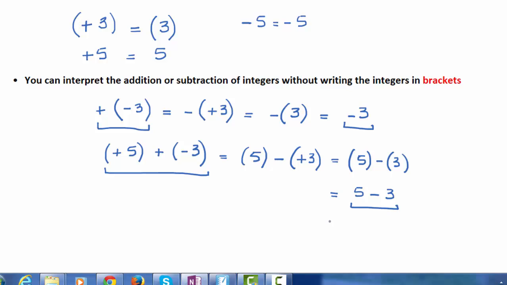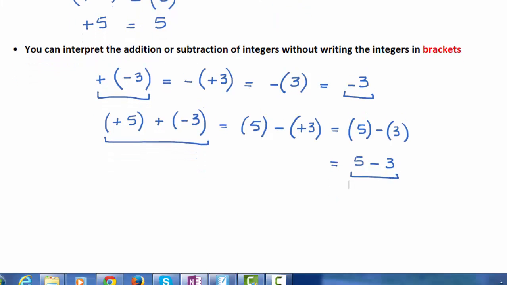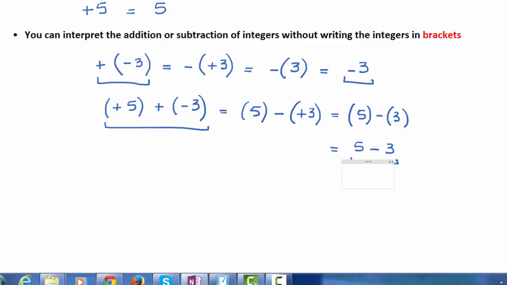Okay, can we use another example? Let's see another example. Let's say I have negative 2 in brackets minus positive 3.